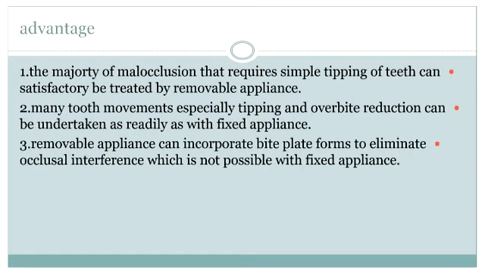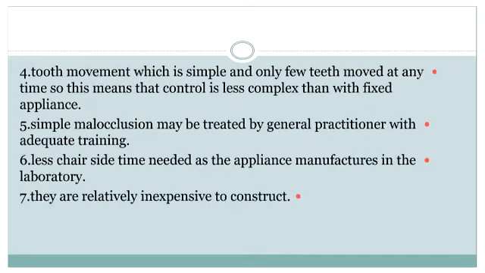Removable appliances can also incorporate bite planes to eliminate occlusal interference, which is not possible with the fixed appliance. Here is a very important point. Number 4, tooth movement is simple and only a few teeth are moved at any time. So this means that the control is less complex than with fixed appliance.